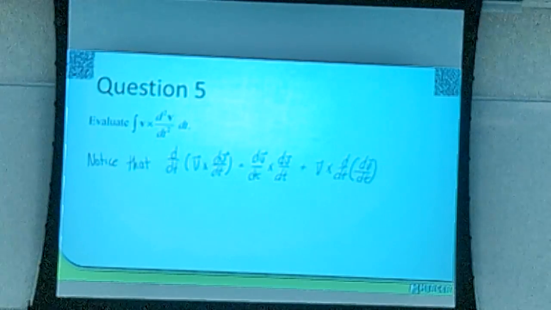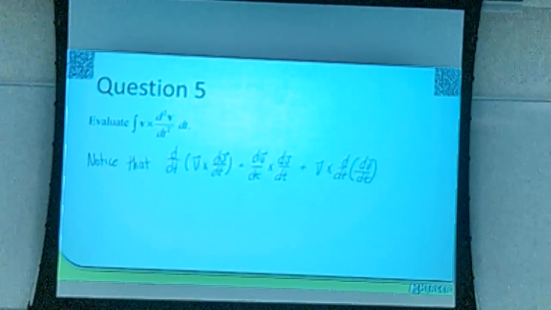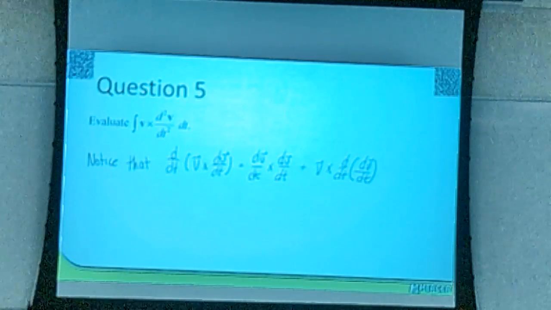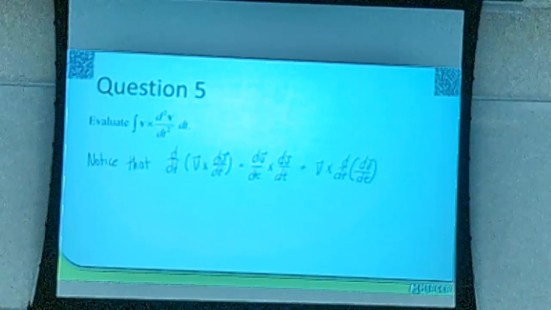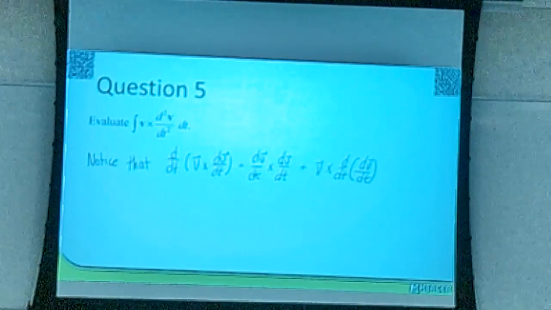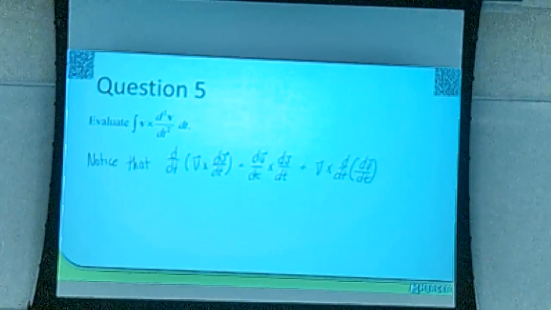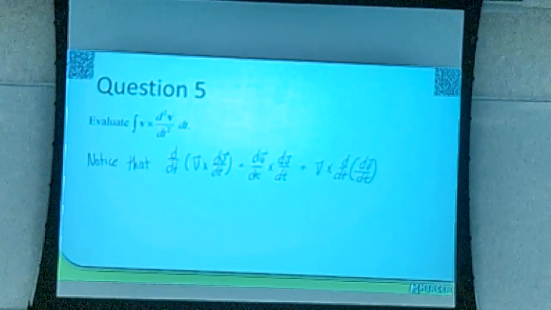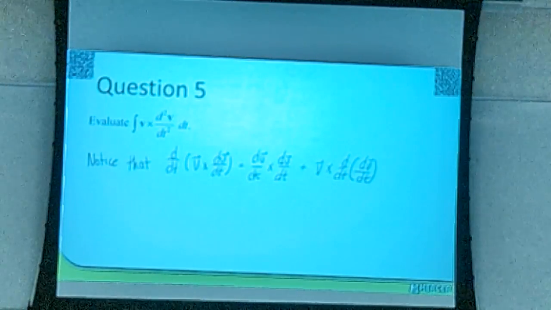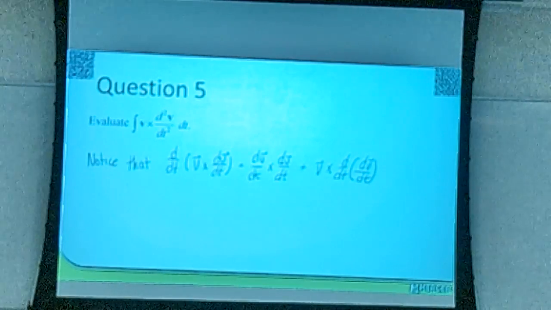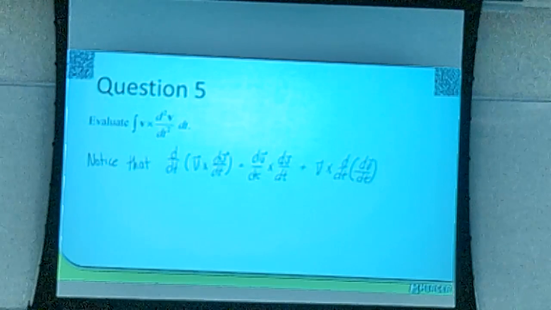What's that first term? dv dt cross dv dt. What's any vector cross itself? 0.